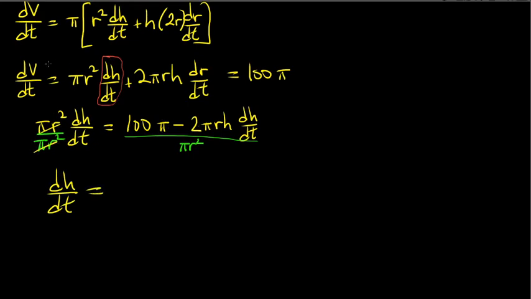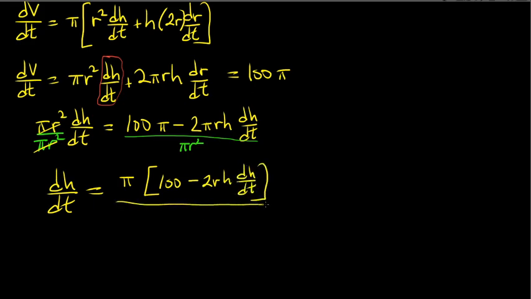Notice we could have, well, even here we could have canceled the pi and everything, but that's not exactly clear. But now if we factor out the pi, we can see what happens. Sorry, 2rh times the derivative of r all over pi times r squared. And sure enough, the pi's cancel.